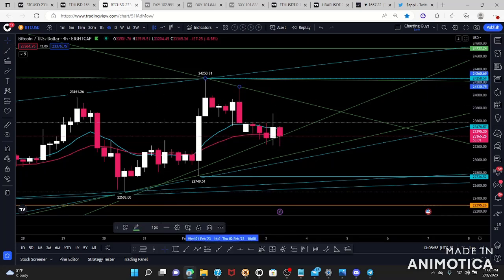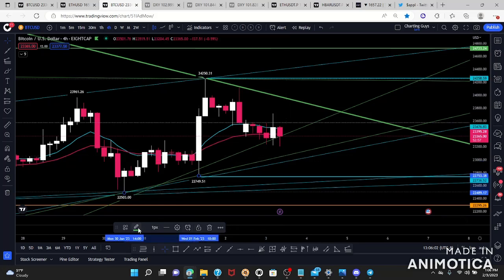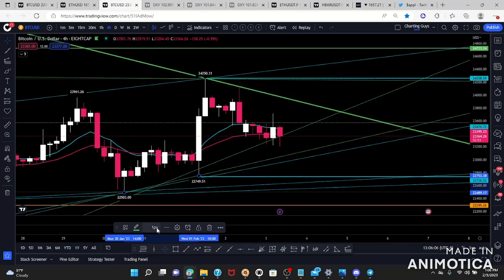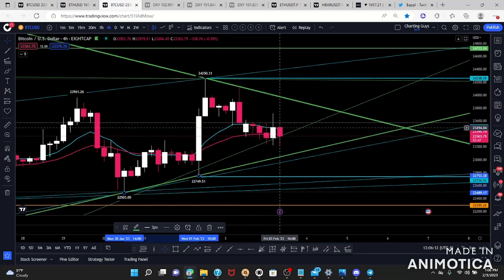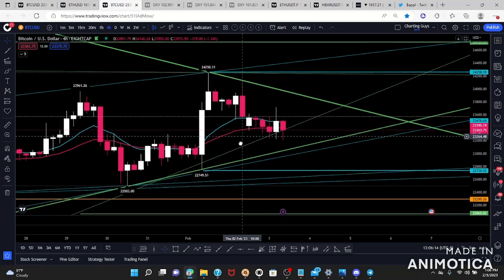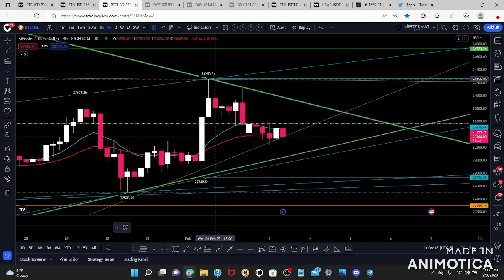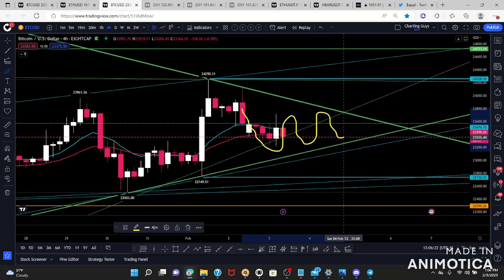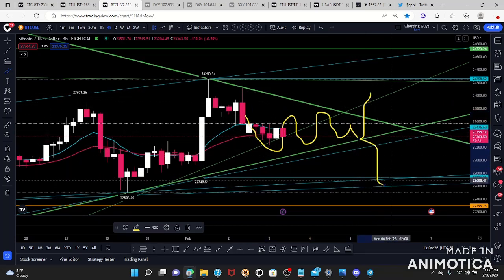Let me highlight it for you. Okay, I'm not connecting any wicks here just because this is not concluded, it's not confirmed. So this is the wedge that we're playing, and who's not to say that we could continue within here, then break to the upside or break to the downside.